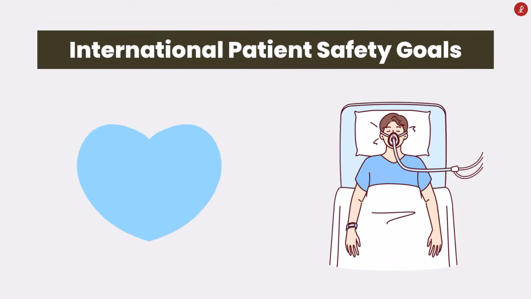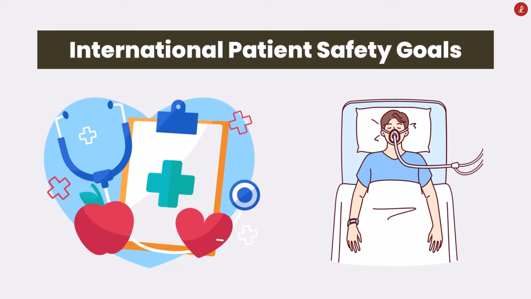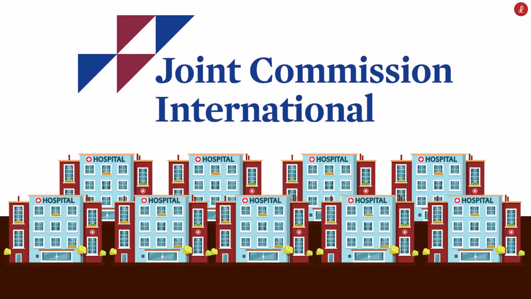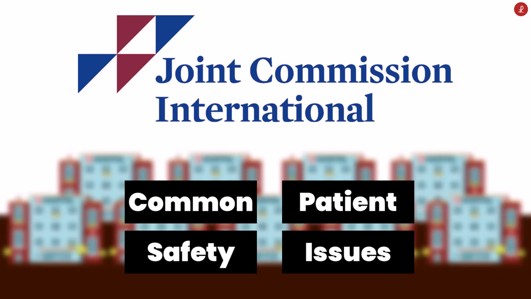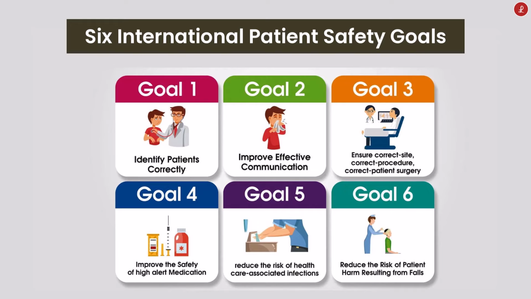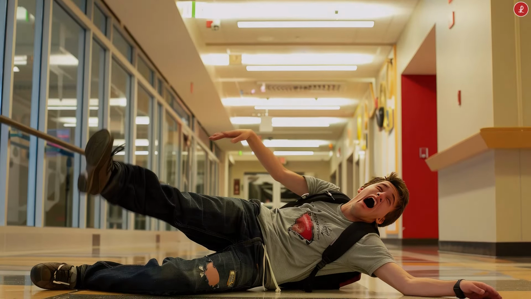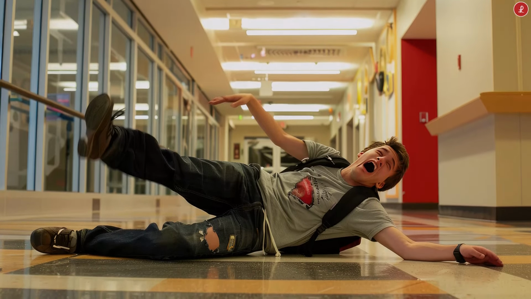The International Patient Safety Goals were established by the Joint Commission International, which is a body which recognizes hospitals, to address common patient safety issues, which are a worldwide problem. The 6th goal focuses on fall prevention and aims to reduce the risk of patient harm resulting from falls.